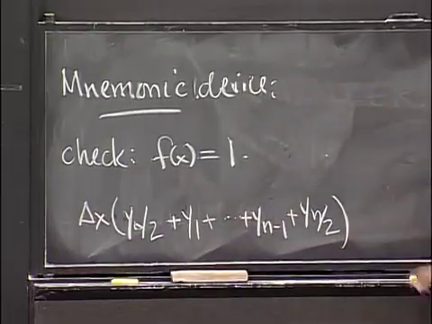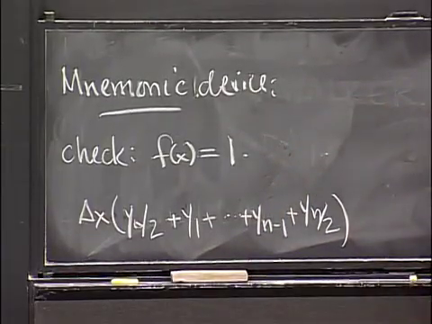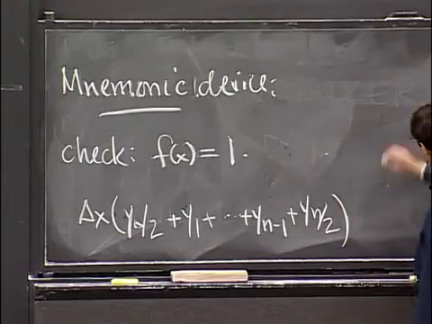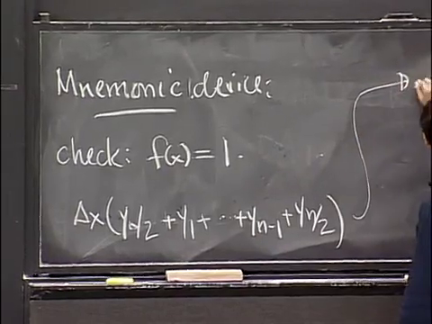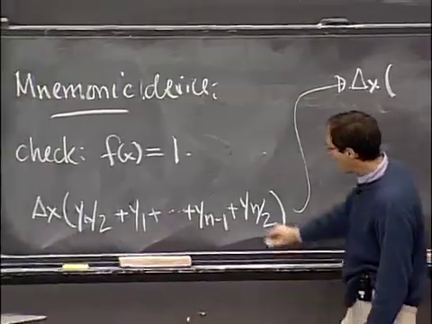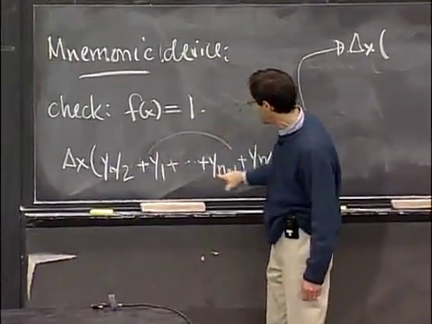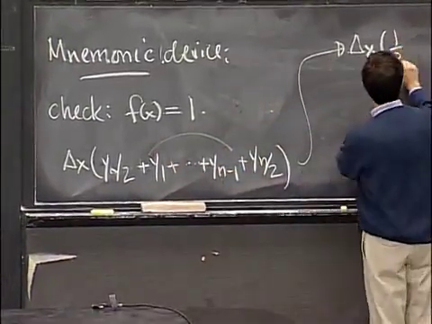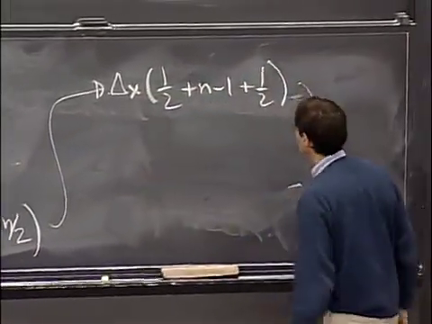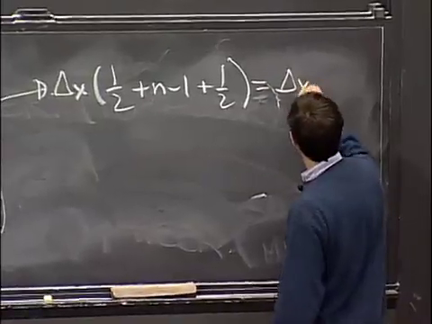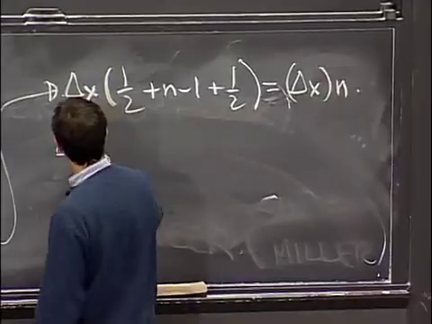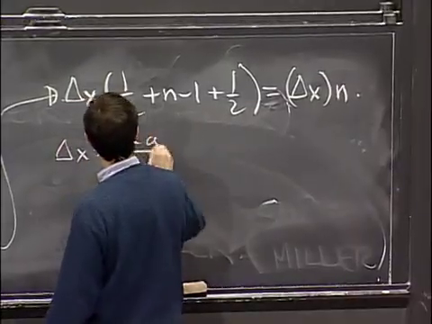All right, if you check that formula out here, this is the trapezoidal rule. If you check it out for this case, then what you get is that this is equal to delta x times what? Well, all of these are 1s. And how many are there in the middle? There are n minus 1 of them in the middle. So it's a half plus n minus 1 plus a half at the tail end. So all told, it's delta x times n. And I remind you that delta x is equal to b minus a over n.